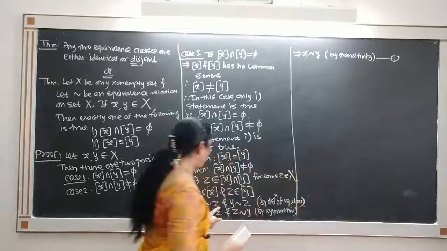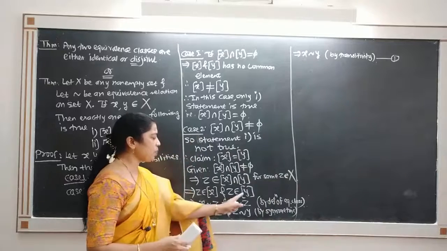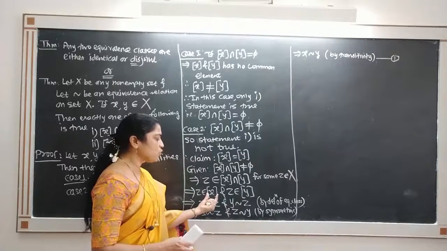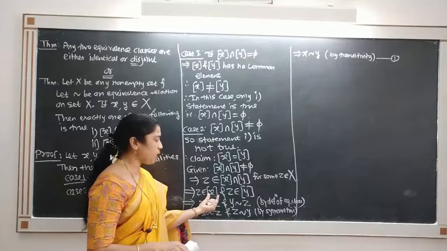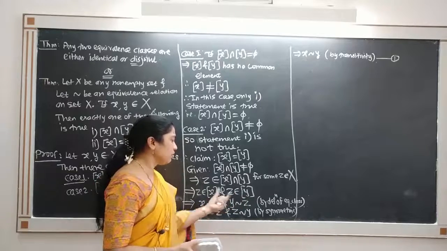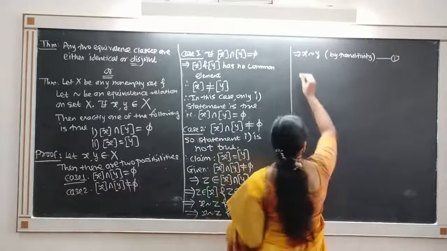Now I want to prove that the equivalence class of X is equal to the equivalence class of Y, meaning that if you start with an element in the equivalence class of X, it should belong to the equivalence class of Y also, and conversely.